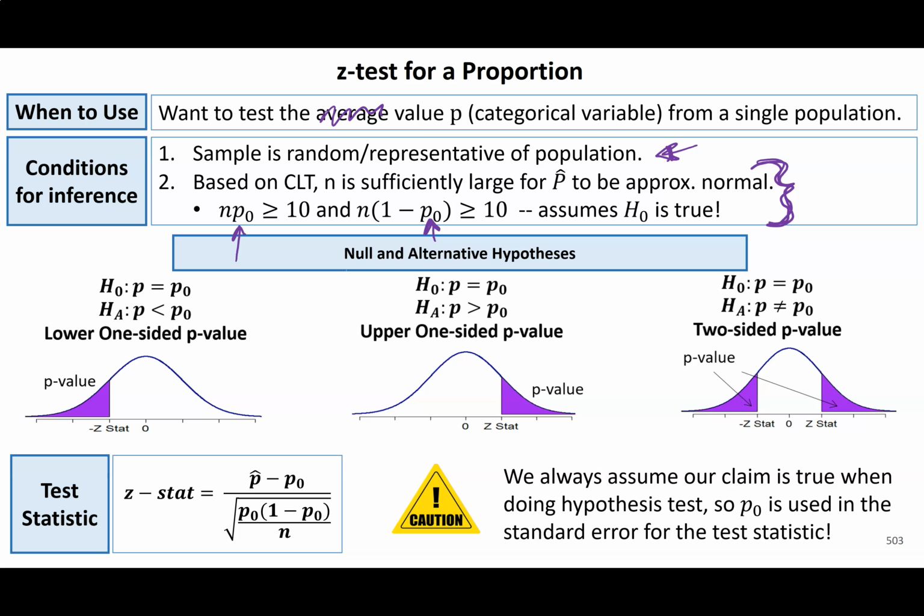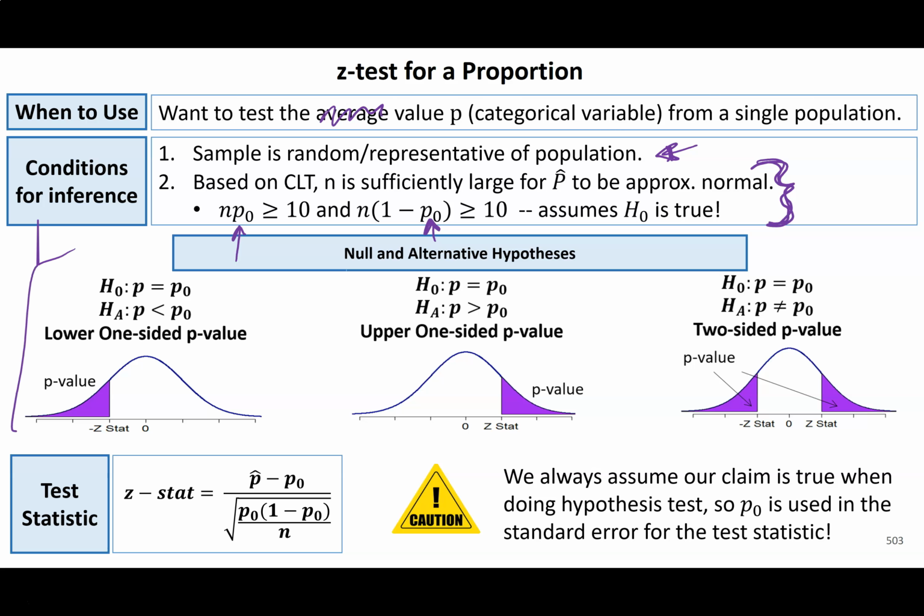So it's not necessarily how many successes and how many failures you observed. What it is, if the null is actually true and the proportion is equal to whatever value you're testing, would your sample have been big enough that you would have expected to see at least 10 in each category? So it is a little bit different.